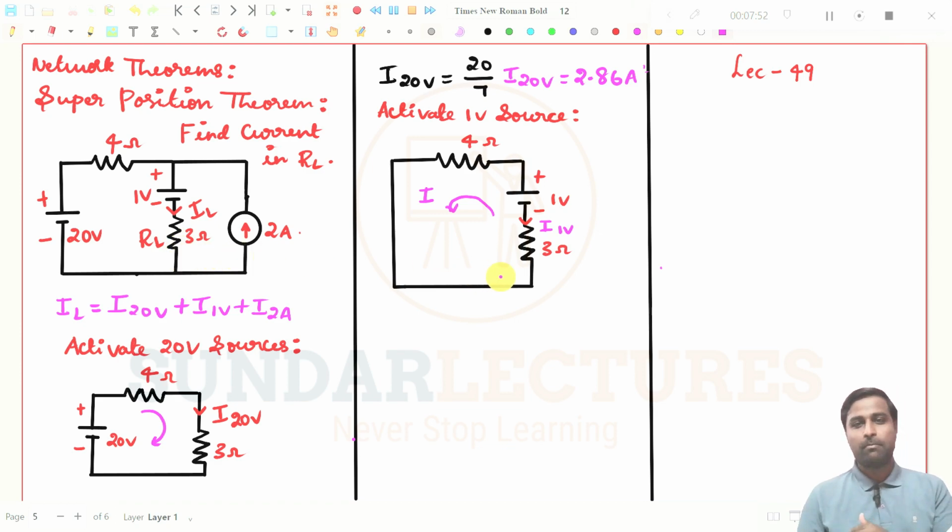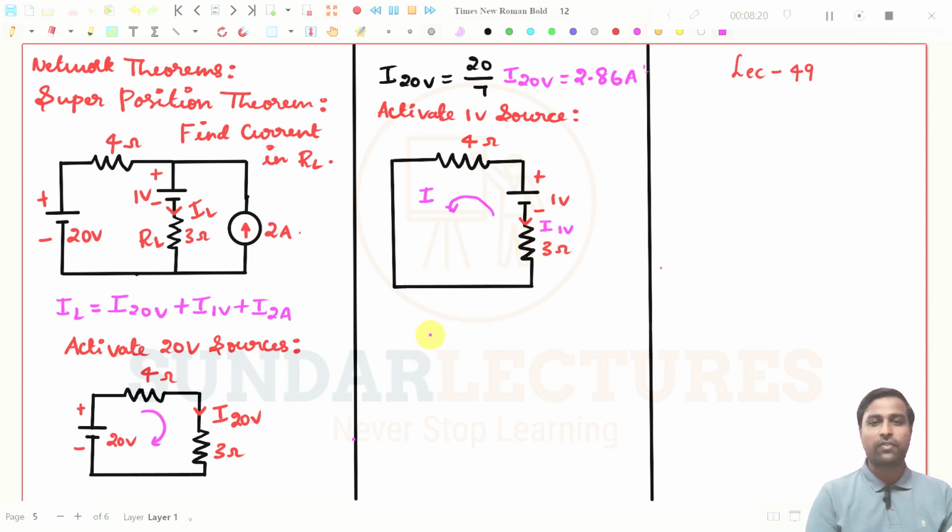Your natural current will flow in the opposite direction. So you just find the current and put a negative symbol, since I need the current from top to bottom. That is very important. Many students make a mistake here and put the answer as a positive value, but it is different.